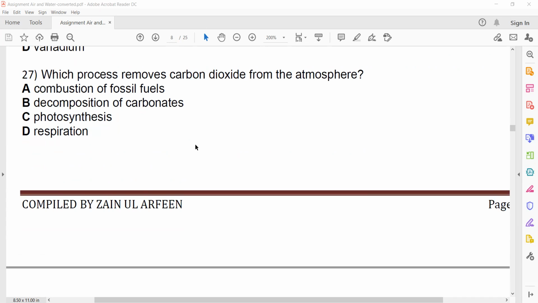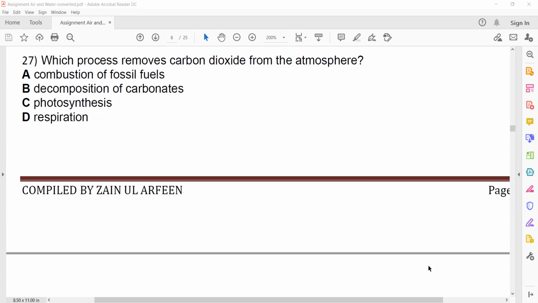Which process removes carbon dioxide from the atmosphere? Question 27. Which process removes carbon dioxide from the atmosphere?